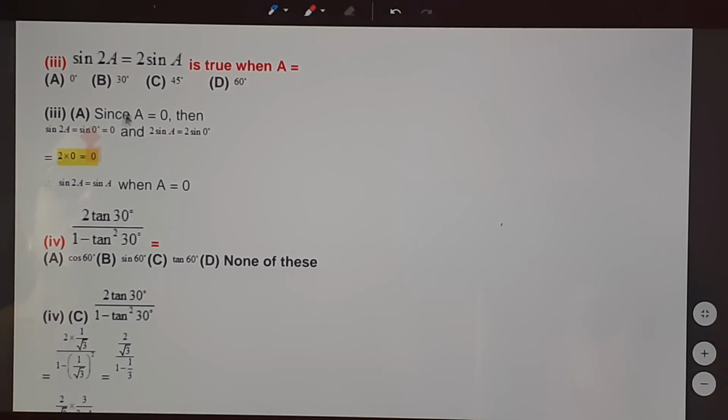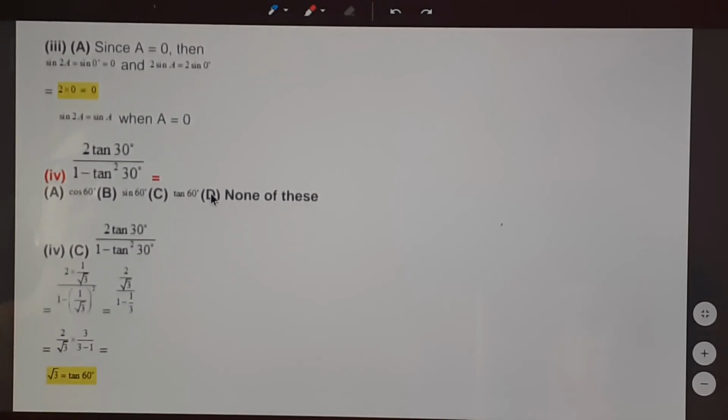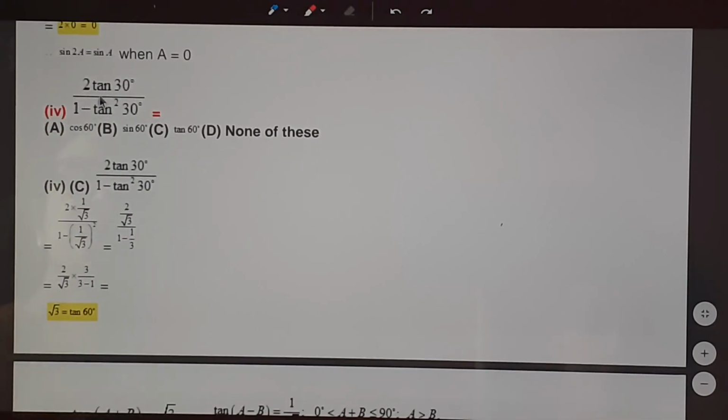So for both you are getting 0: sine 2A gives 0, and when you substitute 2 sine A, you also get 0. So in the first option, when you substitute the value 0, it is satisfied. So you don't have to check 30, 45 and 60. That is, at A equal to 0 you get the left-hand side and right-hand side equal.